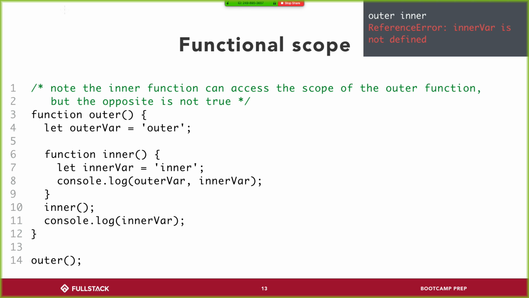We can't access deeply nested variables from the outer scope. So basically inner var is local to inner's scope, the inner function scope. Anything outside of that can't have access to that variable. So that's why it's an error.